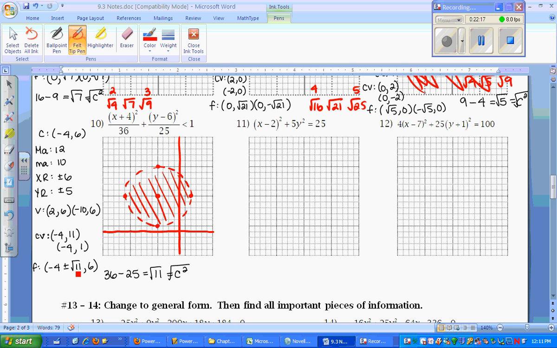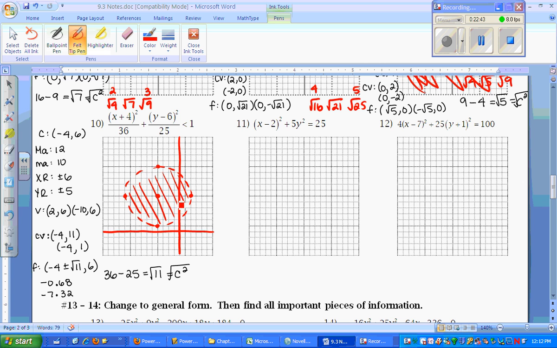And my vertices are at negative 4 plus the square root of 11, and you can type that into your calculator, and negative 4 minus the square root of 11. When you do that, you should get negative 0.68 and negative 7.32, which obviously you're not going to be able to get exact.